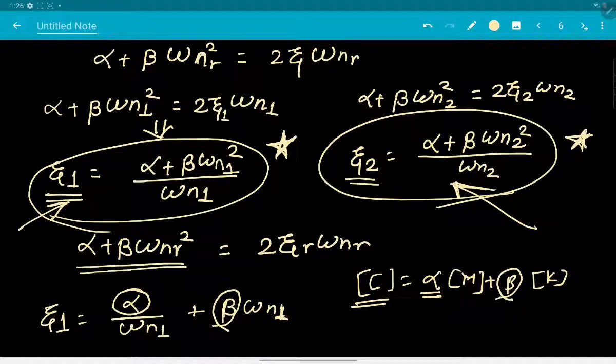So now what is happening is that if alpha is large, then this term is going to be larger, right? This term being much larger, what is the implication of that? That for smaller natural frequencies, let's say the first mode, damping will be much larger, whereas for higher modes damping will go on reducing.